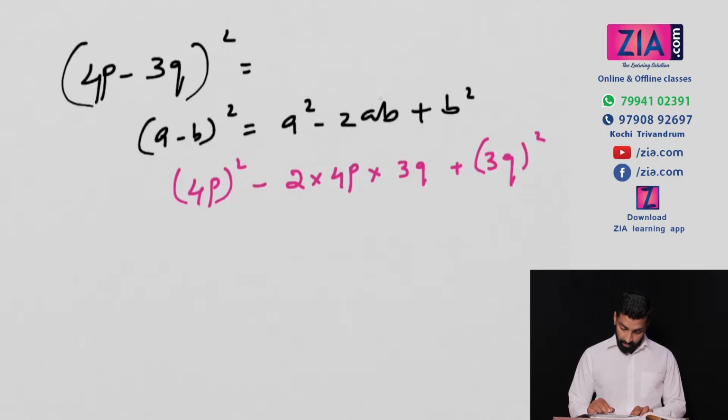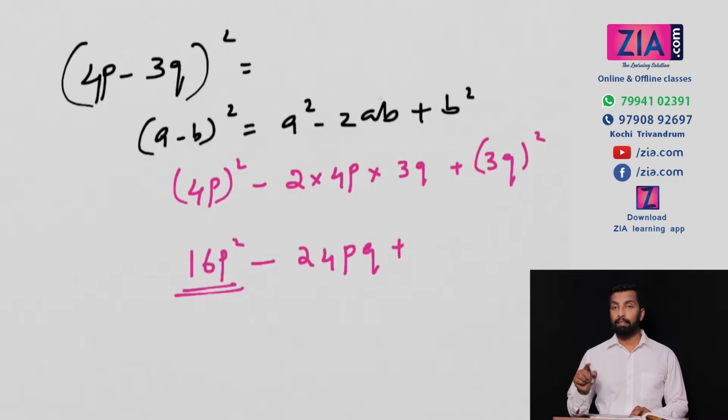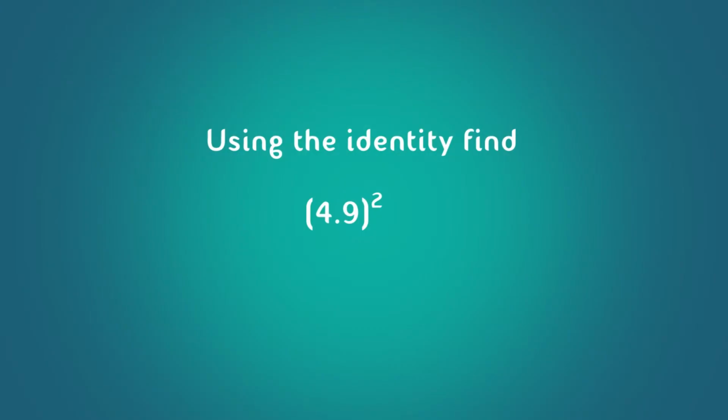Now when you simplify, you get 16p², minus 2 × 4 × 3, that is 24pq, plus (3q)² is 9q². So that's what your answer is.